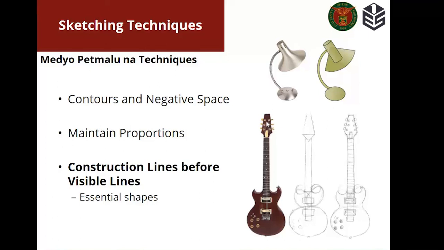For example, this could be a combination of two triangles like this one. Then you will just add the lines. For example, for this lamp, there are two shapes, the cylinder and the triangle with curved base. And then you will just add the details afterwards.